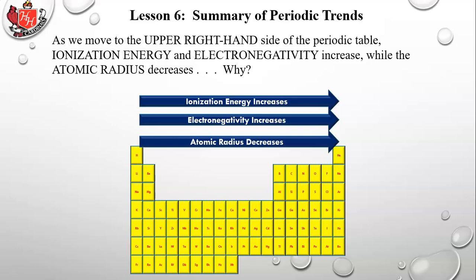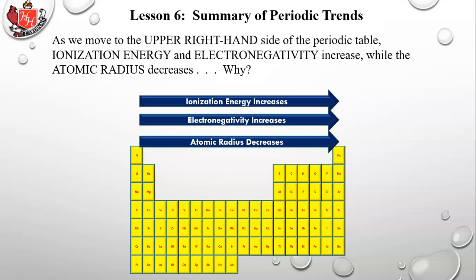That's because there's more protons over on the right-hand side in those elements that pull more tightly on the electrons, and it makes it easier for that atom to hold on to its own electrons and to pull in electrons from the outside. So ionization energy is holding on to its own electrons, electronegativity is pulling electrons in from the outside.